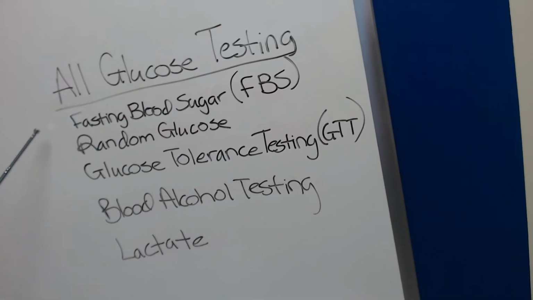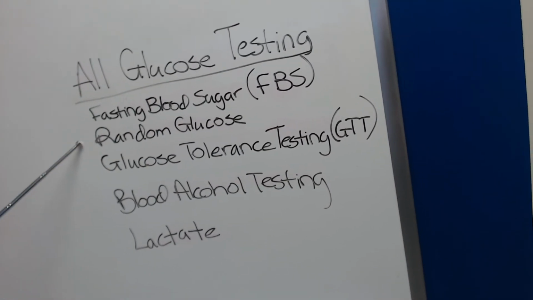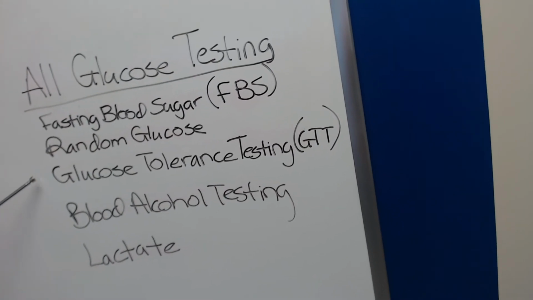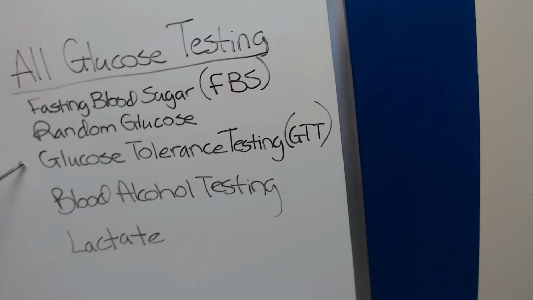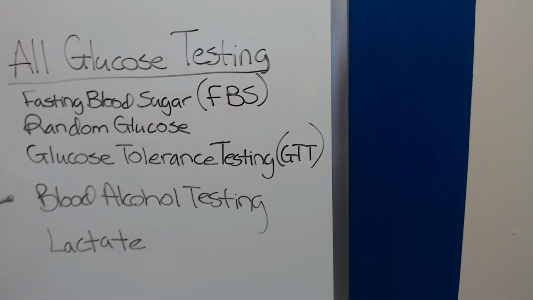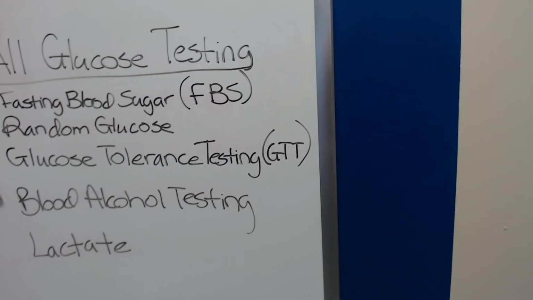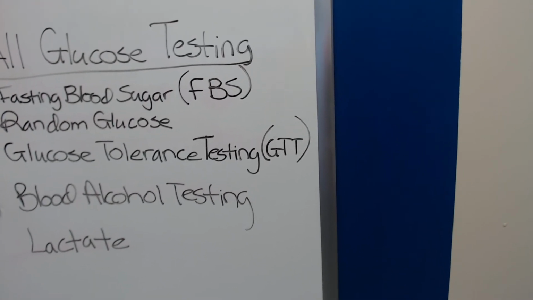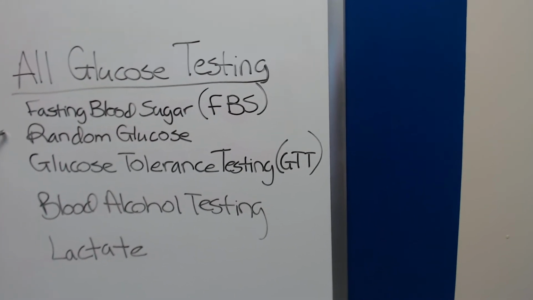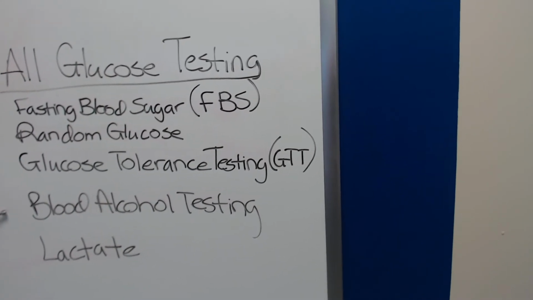So if you have to do a fasting blood sugar, random glucose, or your glucose tolerance testing, which is done to help see if someone is diabetic, and it's also done on pregnant women. And then also you have your blood alcohol testing. I always say if you can remember beer and wine has a ton of sugar in it, then you can remember that those tests go together.